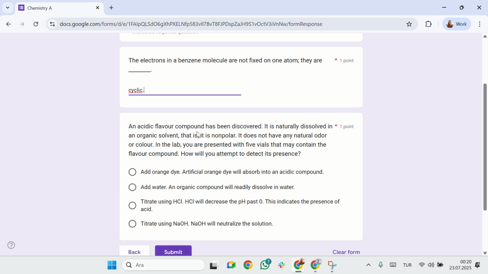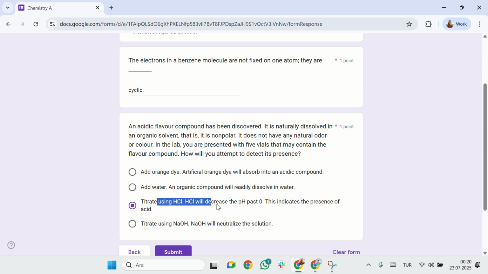An acid flavor compound has been discovered. It is naturally dissolved in organic solvent, so it is non-polar. It does not have any natural odor or color. In the lab, we are presented with 5 vials that may contain the flavor compound. How will you attempt to detect its presence? Add water. An organic compound will readily dissolve in water.